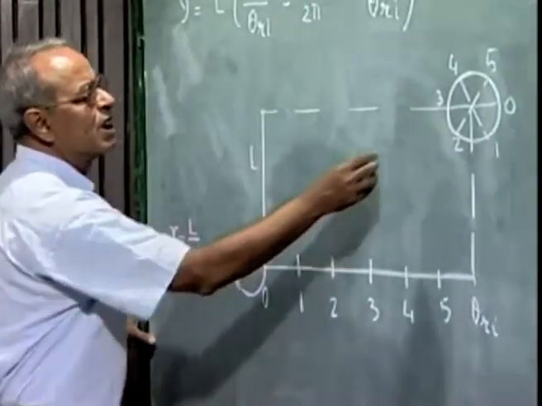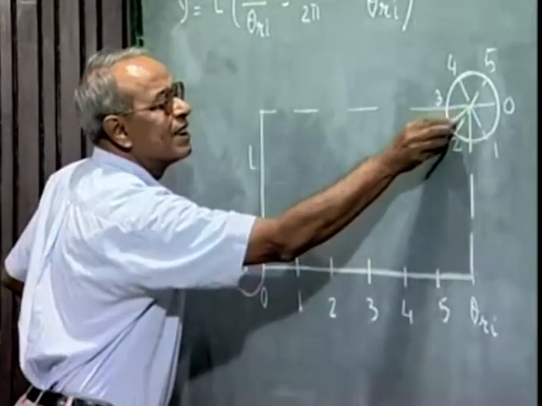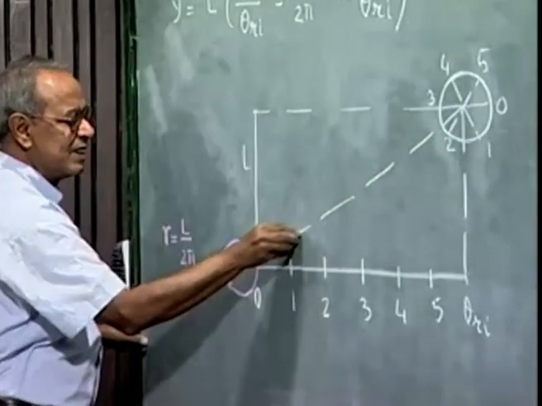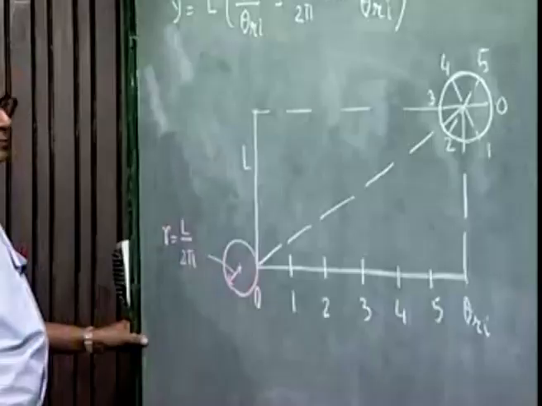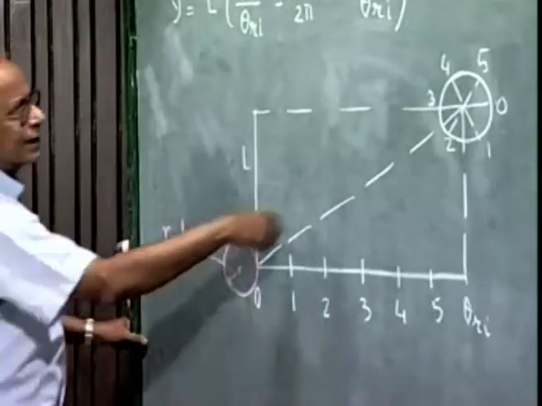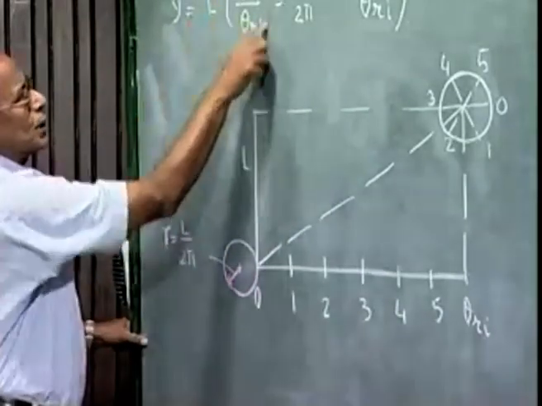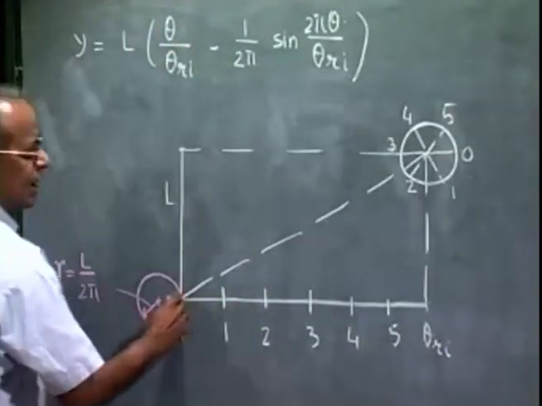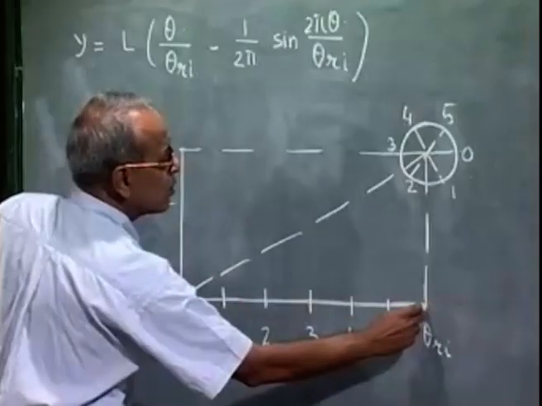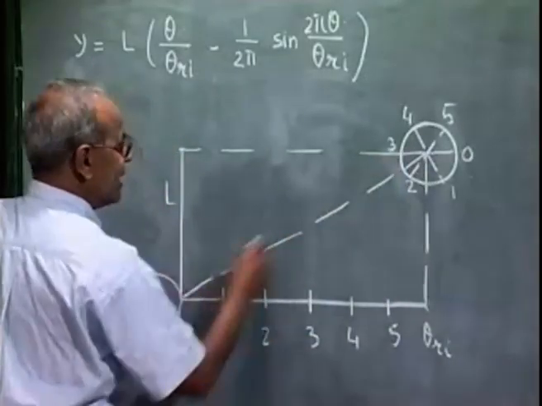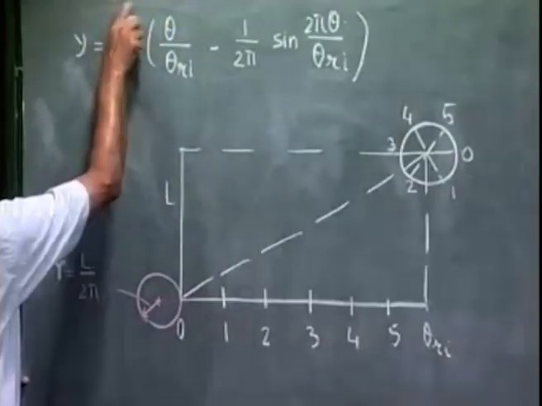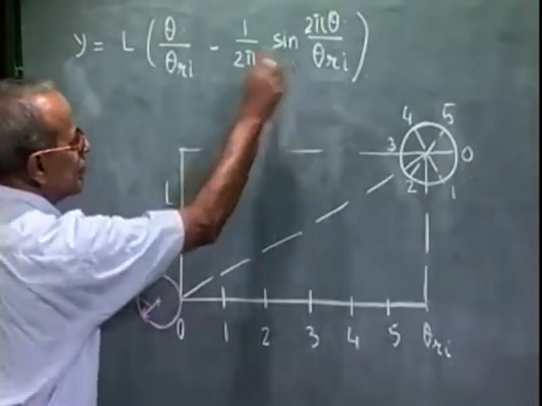Now we draw this diagonal, then this straight line represents this part of the curve, L into theta by theta Ri, because as theta goes from 0 to theta Ri, y goes to L, and linearly, so this straight line represents this portion which is a straight line. Now I have to subtract this.